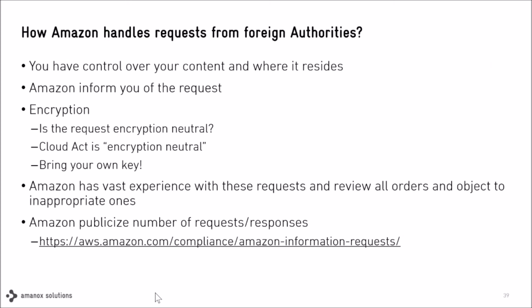And AWS doesn't have the encryption key in order to provide them. Here is also a link at the bottom of the slide where you can see the number of requests that they get and the number of responses that they offer, in order to have an idea.